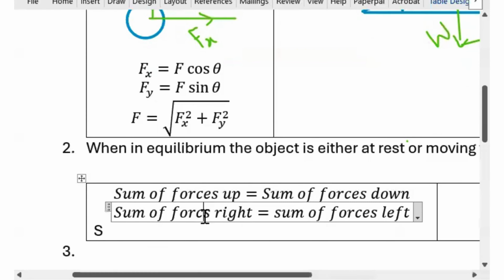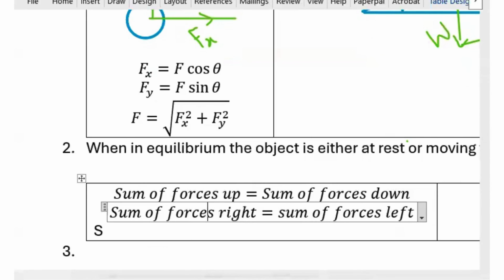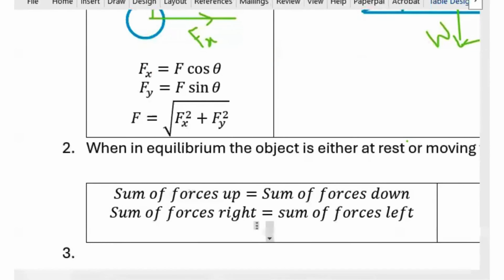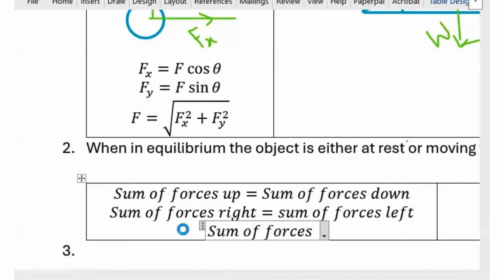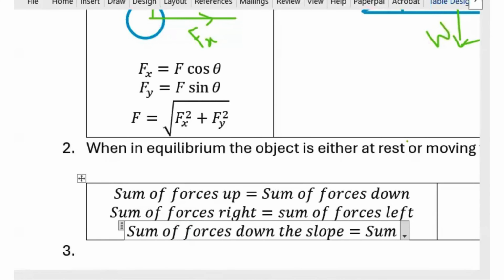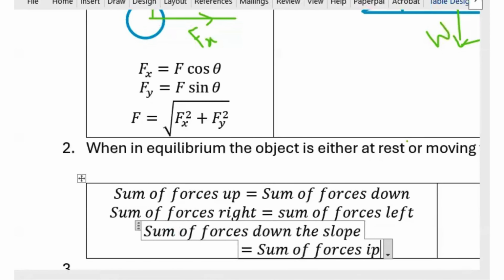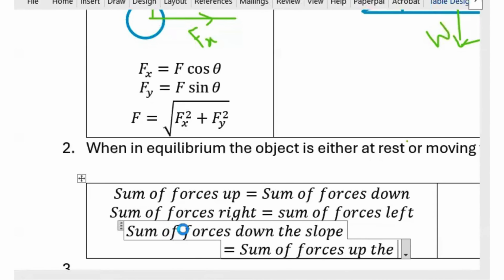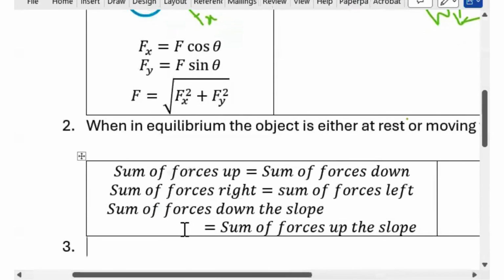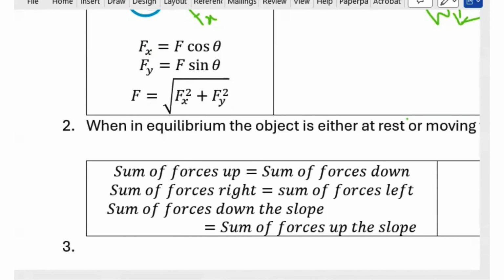Similarly, we can also say that sum of forces down the slope is equal to sum of forces up the slope. So there are different equations that we can make, but all of these equations can be made when we know that there is no resultant force and the object is obviously either at rest or moving with constant velocity. Is this clear?